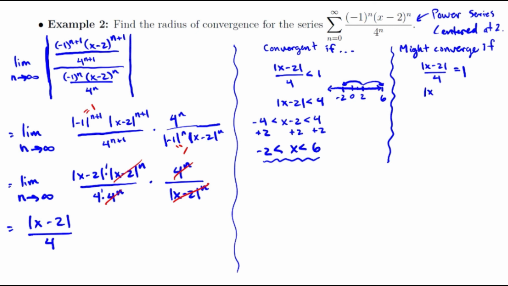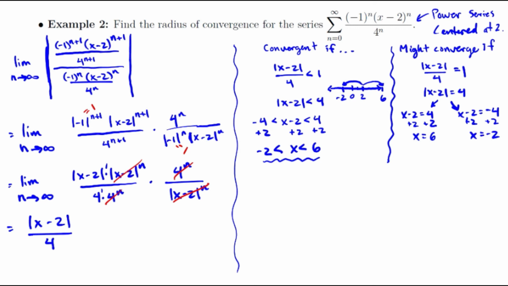Let's see when that happens. This would be x minus 2 equals 4. On the one hand, x minus 2 might equal 4, but on the other hand, it might equal negative 4. That gives me x equals 6, and that gives me x equals negative 2. Note that these are just the two endpoints.